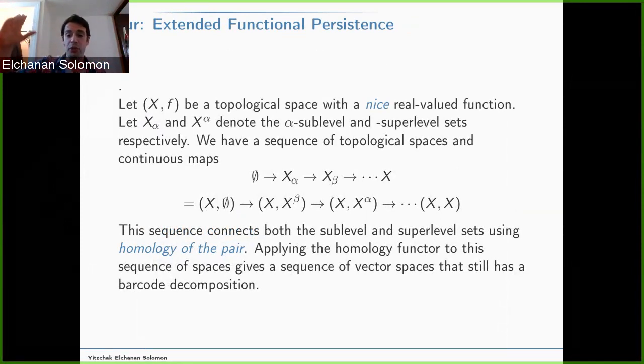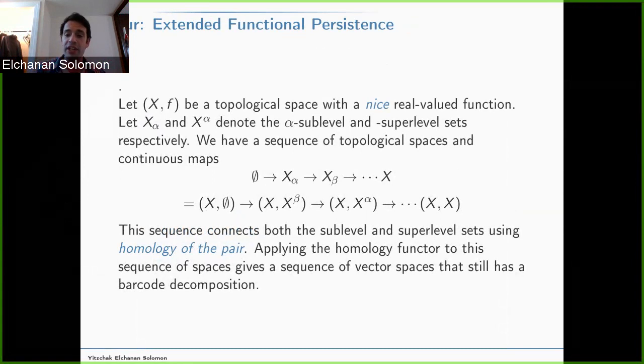At a certain point, you exhaust the space, so you end up with the full space. And then you switch to looking at pairs of spaces. You think of the space as being the pair of the space and the empty set. And then in the second half of the sequence, you modify the second element of the pair by getting larger and larger superlevel sets.